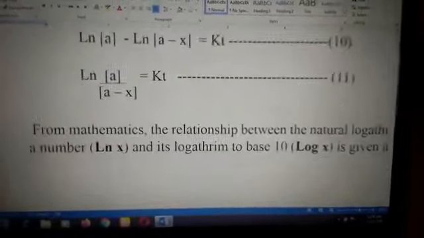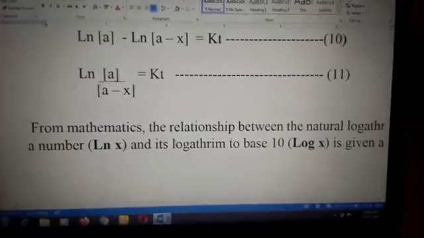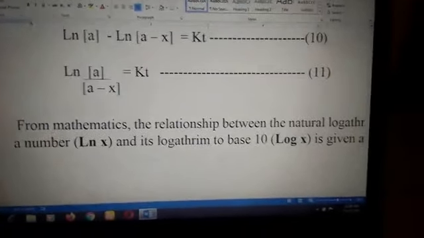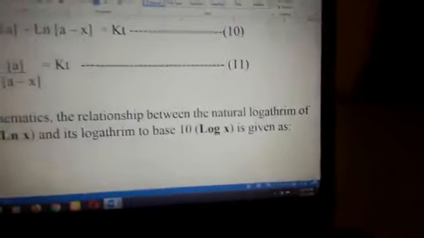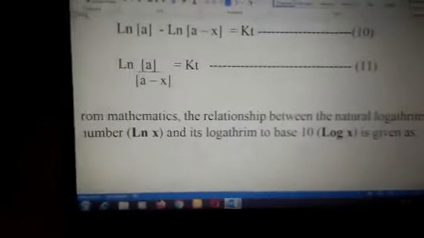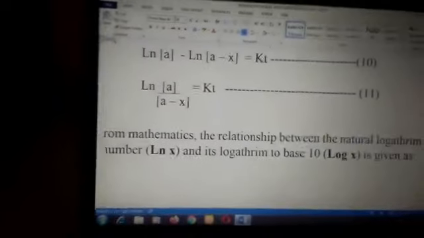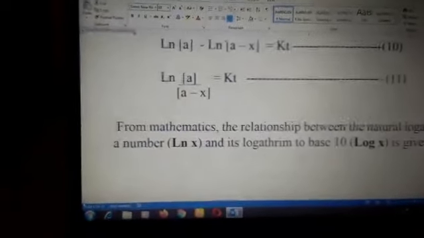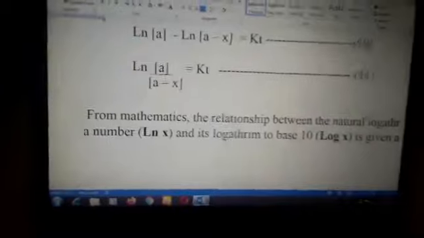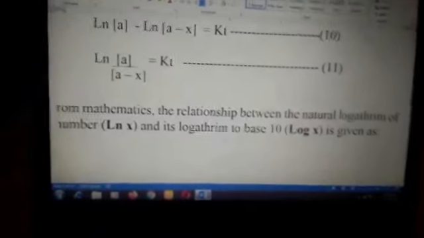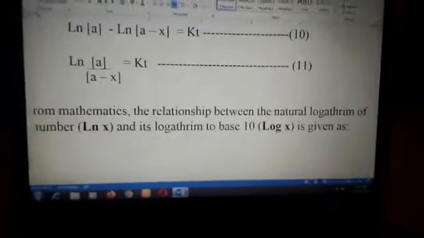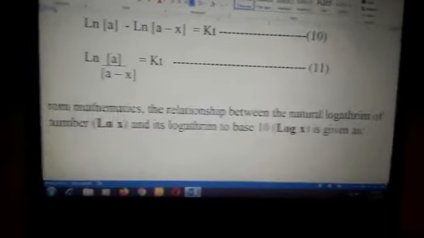Then, having done that, from mathematics, the relationship between natural log, that is our ln, of a number, ln s, and the logarithm of a number to base 10, that is log s. The two of them are not the same, but they are related.